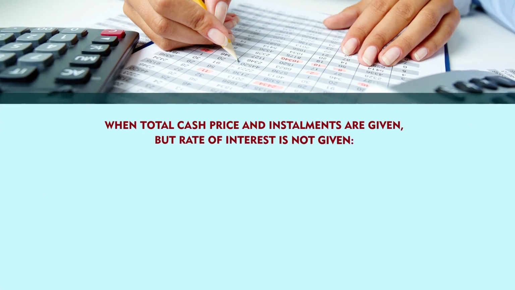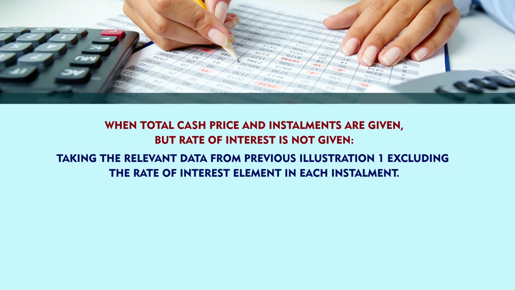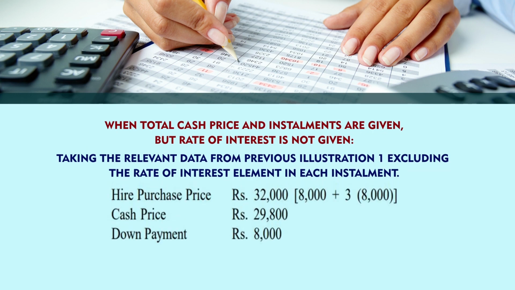Friends, we had discussed an example in the previous lecture. So, here we will see how the amount of interest is calculated. In that particular example rupees 8,000 were paid as a down payment and 3 installments of rupees 8,000 each per annum were also to be paid by the hire purchaser.